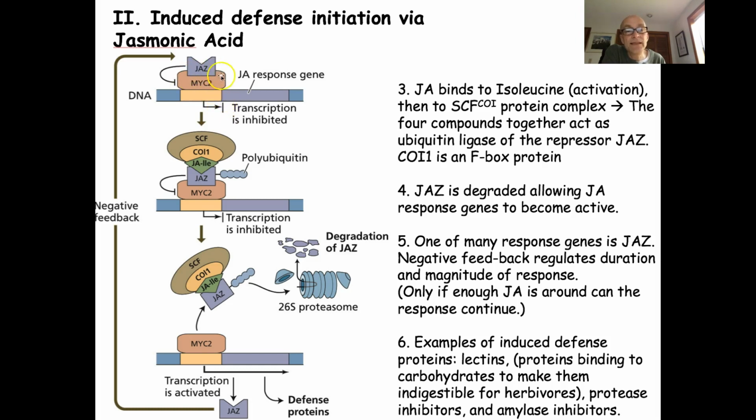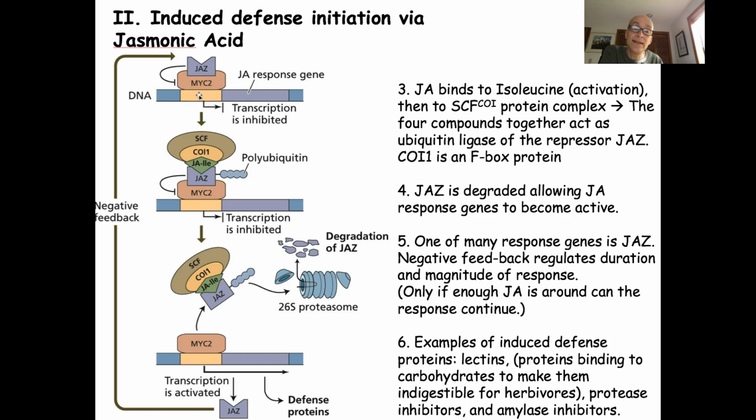And it's sitting on promoters that are jasmonic acid response genes. So these genes could be turned on in the case of the need for defense. In the case of attack, these genes are required. But as long as there's no attack, the genes are actively turned off by the binding of the JAS protein to the MYC protein at this promoter region.